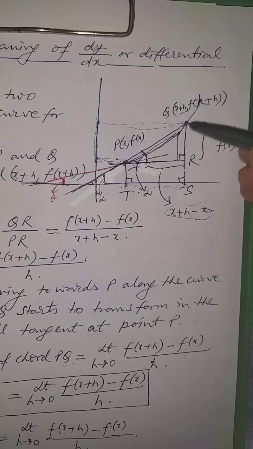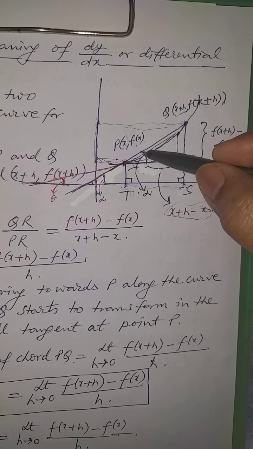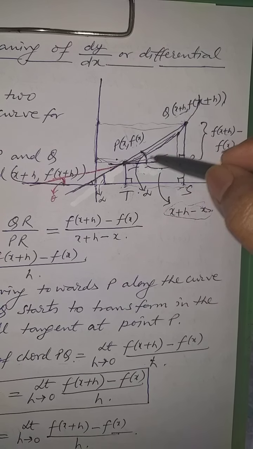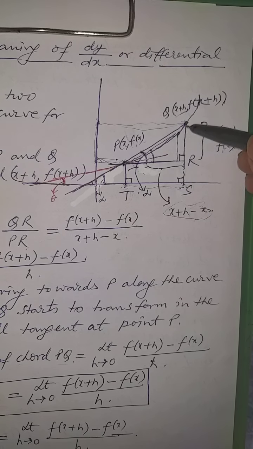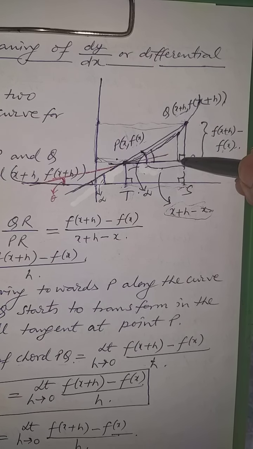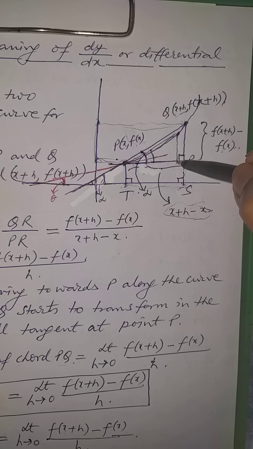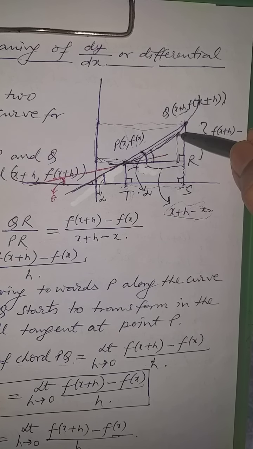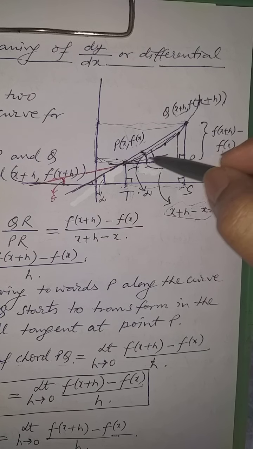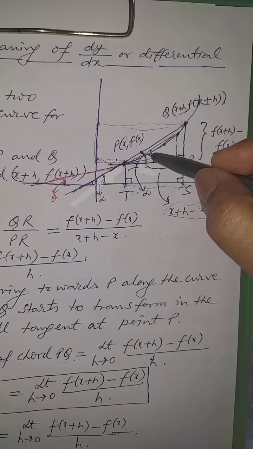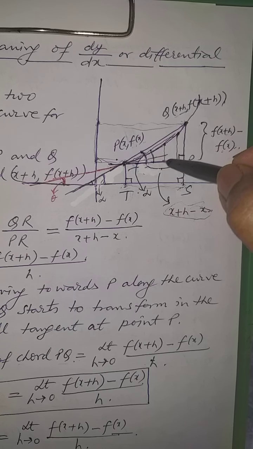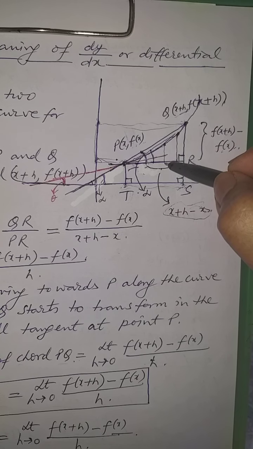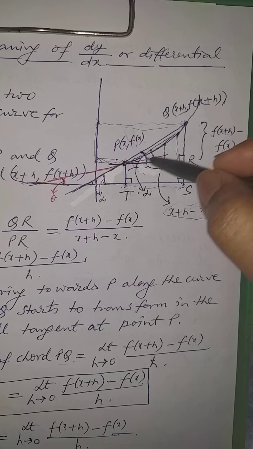What happens is the alpha which was this much earlier, now do you think it will reduce a little bit? And similarly the length of the perpendicular and the length of this base also will reduce. Again, if this point comes over here, then again the angle will reduce and the length of the perpendicular and the length of this base also will reduce, and so on.